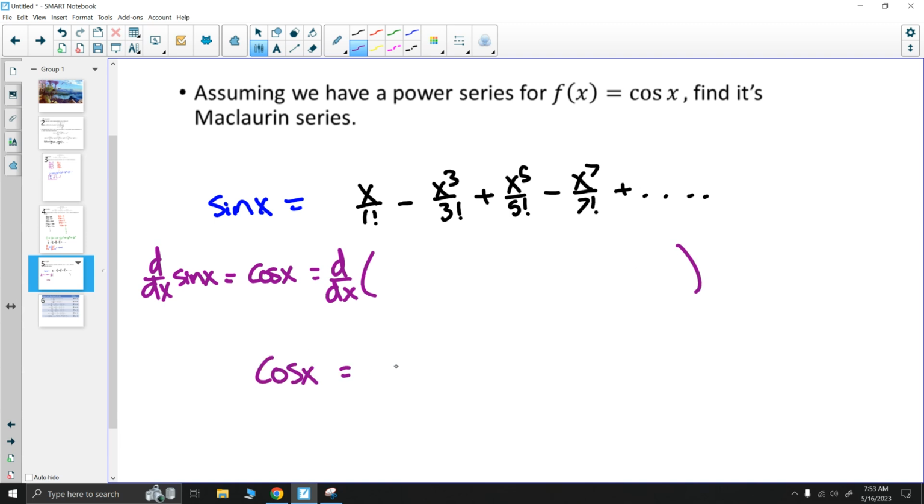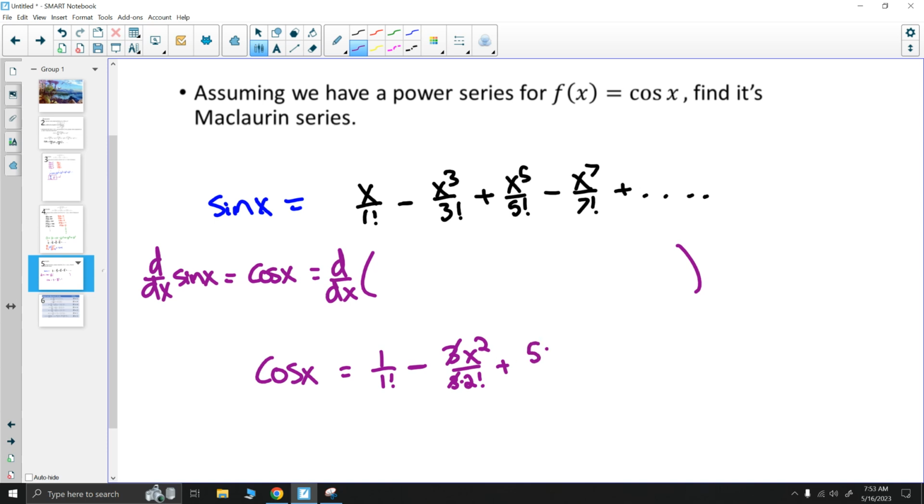So let's take a look at that. The derivative of x over 1 factorial would just be 1 over 1 factorial. The derivative of this next one would be a negative 3x squared over 3 factorial, which if you remember, 3 factorial would be like 3 times 2 factorial. So these 3's cancel.